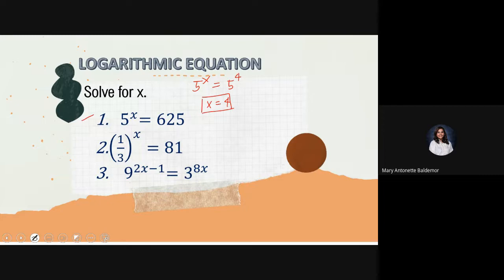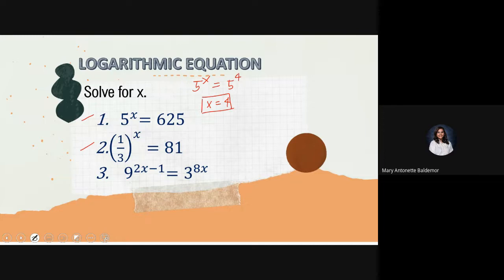Next, for number 2, we have 1/3 raised to x. Okay, 1/3 raised to x is equal to 81. Now here, we must rewrite 1/3 or 81 with the same base. Okay, so you can also try trial and error or you can use your calculator in getting the base of 81, which should be the same as 3.